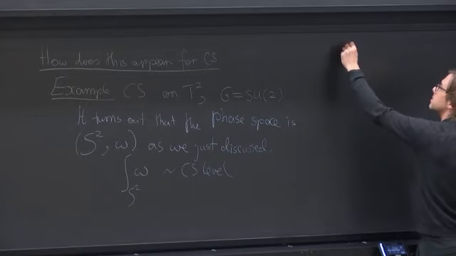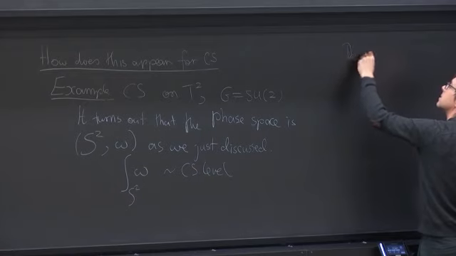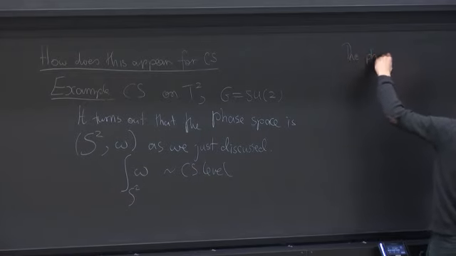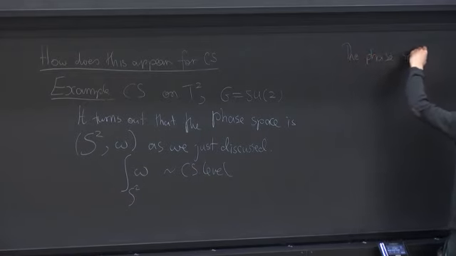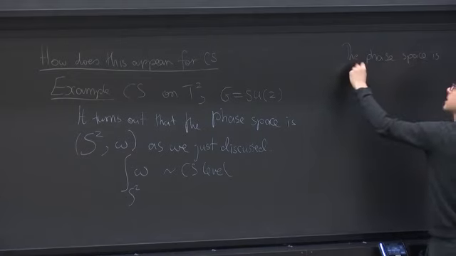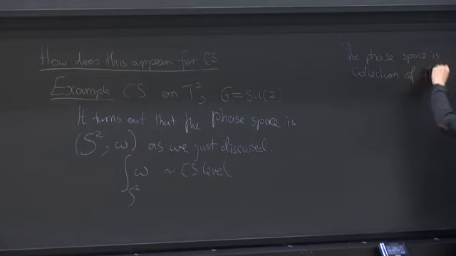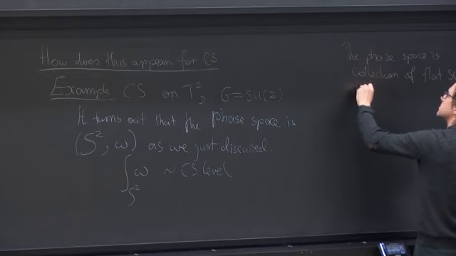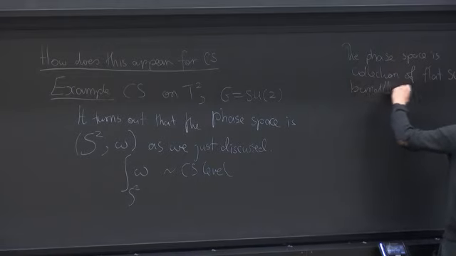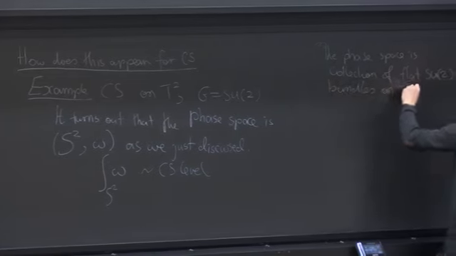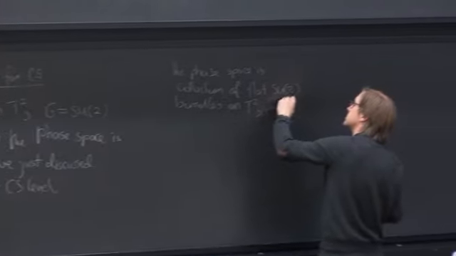By definition, phase space is the collection of flat SU2 bundles on T2 mod gauge.